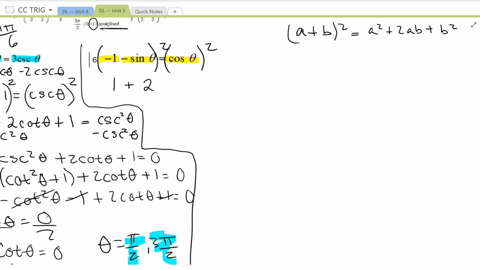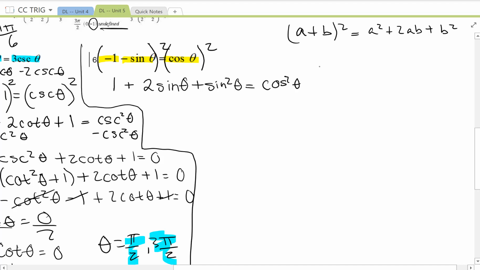So as I expand this binomial, we take the first term and we square it, so that's 1, plus 2 times the first times the second term, so 2 times -1 times negative sine theta, so positive. Plus the second term squared is equal to cosine squared theta.